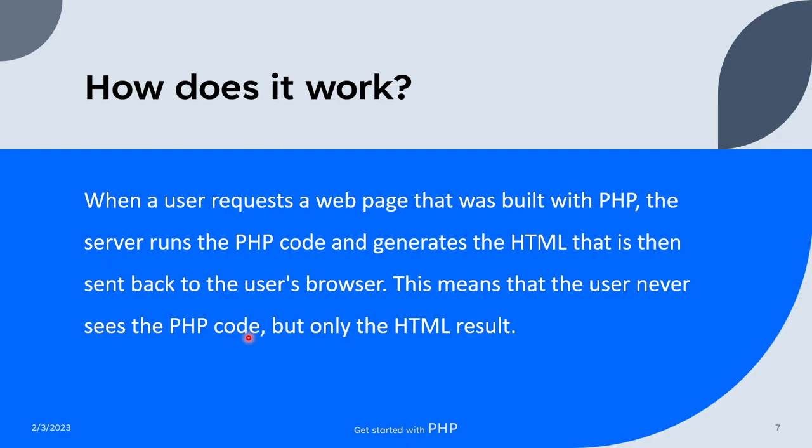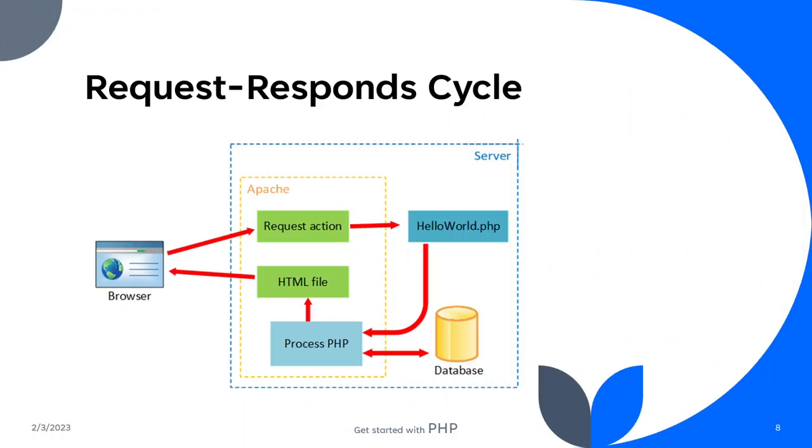Now the next diagram would kind of solidify our understanding of how the language actually works. Okay, so we are saying that this is a browser, so this is a client, and this is our imaginary Apache server. There will be a request coming from the client or the browser that hits the server, and this request is looking for a file called hello world.php.